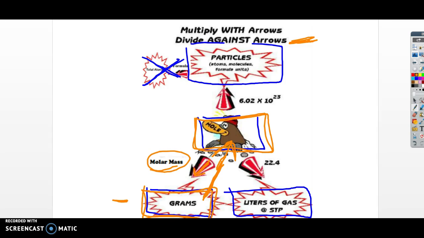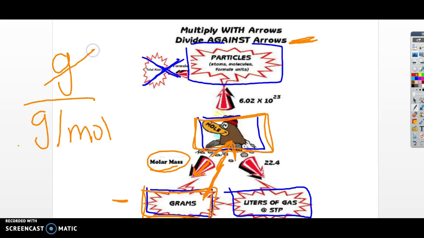And that makes sense. If I'm going to divide grams by molar mass, if you remember, molar mass has a unit of grams per mole, and usually these cross out and they just give us moles. Don't worry too much about this, but just know the wording for this. If we're going to multiply with the arrow, divide against the arrow.